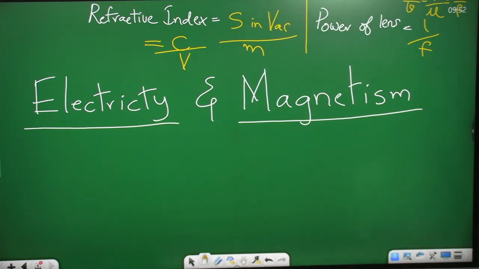So try to write the formulas of electricity and magnetism and check whether you are getting them right or wrong. See here, U and V are the distance of the image and object.